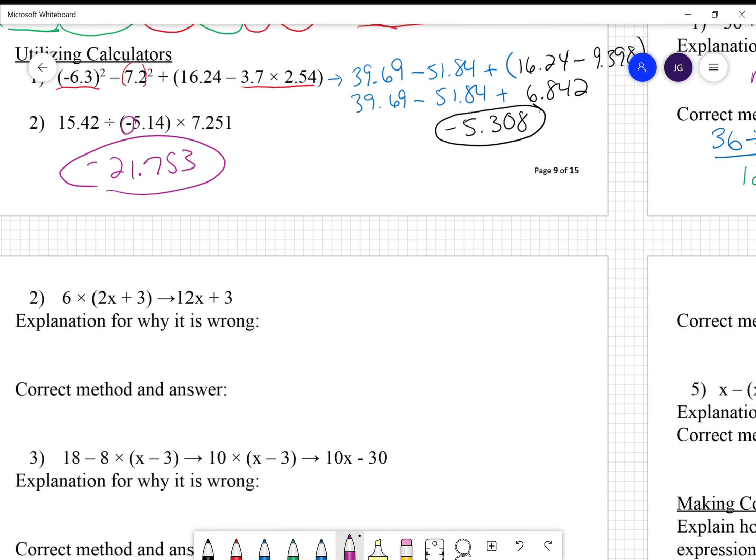Six times 2x plus 3 becomes 12x plus 3. What is wrong? The 6 was not distributed to the 3.